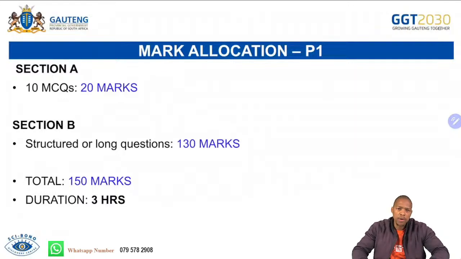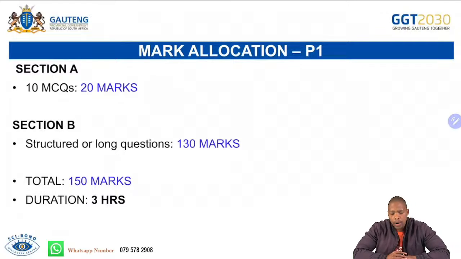Right, we're going to start again with the structure of the paper 1 question paper. It is structured in two sections, section A and section B. Section A is 10 multiple choice questions, which carry around 20 marks. Sometimes section A also has 8 matching items or one-word items, which is about 8 marks, but this is rare for the final examination. Then you have section B, which is for structured or long questions.